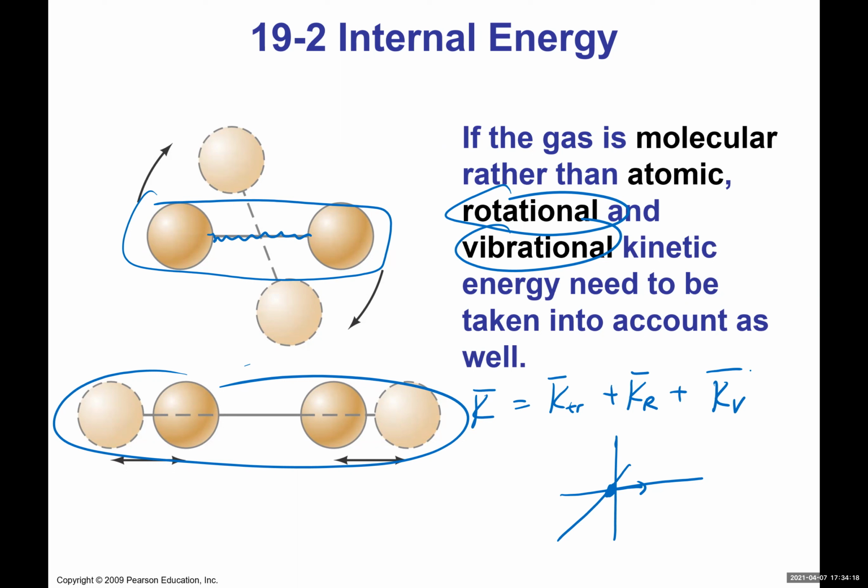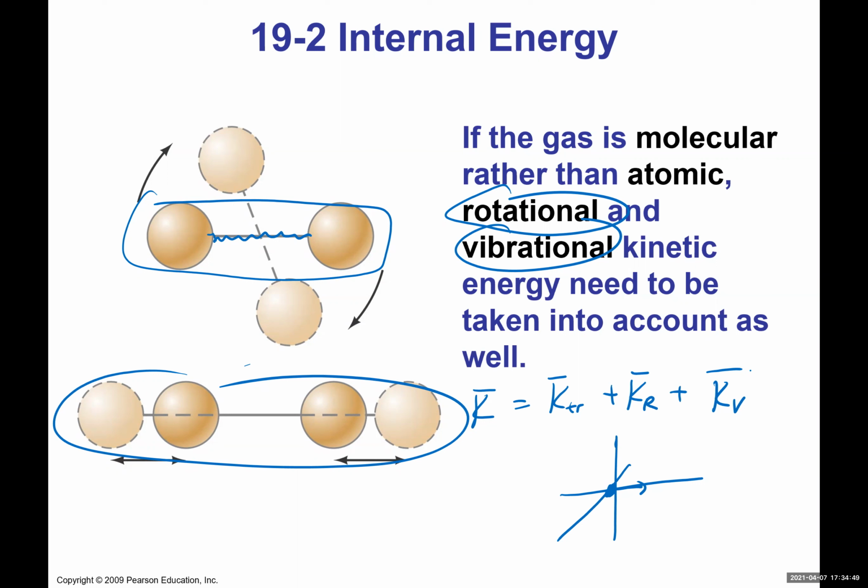So the average kinetic energy is the average translational kinetic energy plus the average rotational kinetic energy plus the average vibrational kinetic energy. That means the more complicated your system is, is it monatomic, diatomic, triatomic, as you add more complexity, you have to keep track of more quantities.